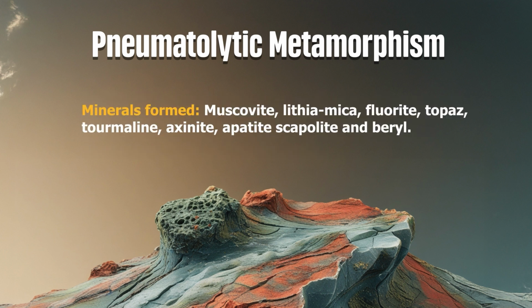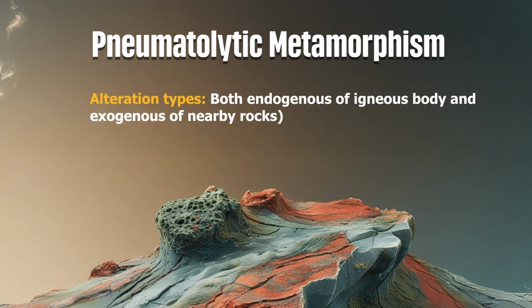Minerals formed are mostly muscovite, lithium mica, fluorite, topaz, tourmaline, axinite, apatite, scapolite, and beryl. The alteration type, both endogenous of the igneous body and exogenous of nearby rocks, is taking place in case of pneumatolytic metamorphism.